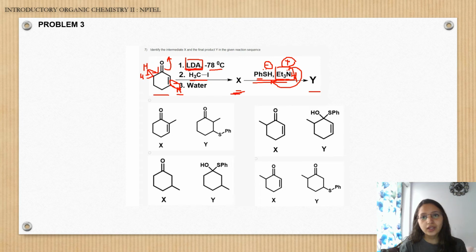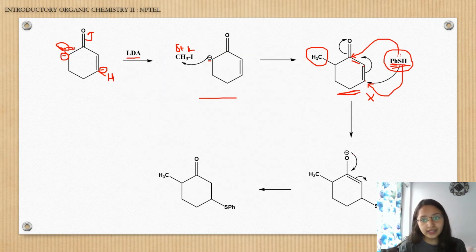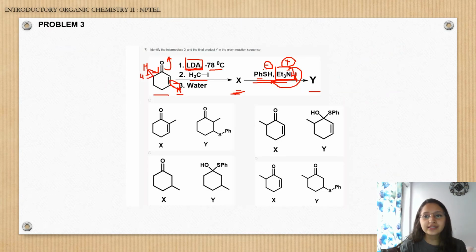Now this triethylamine will end up as Et3NH positive. So now this oxyanion and this negative charge, this NH is present. I am not writing Et3, so we can understand that Et3 is there. Now this proton is taken up by this anion, and again triethylamine is getting generated.